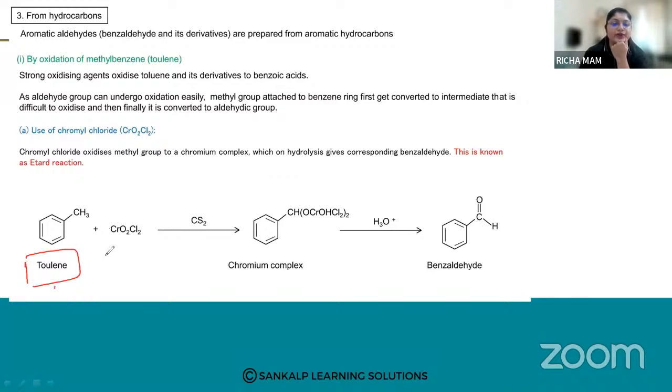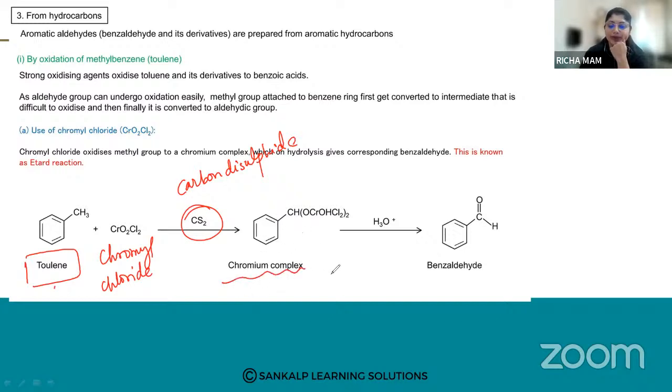So toluene, when you react it with chromyl chloride in the presence of carbon disulfide, what am I going to get? I'm going to get a chromium complex.